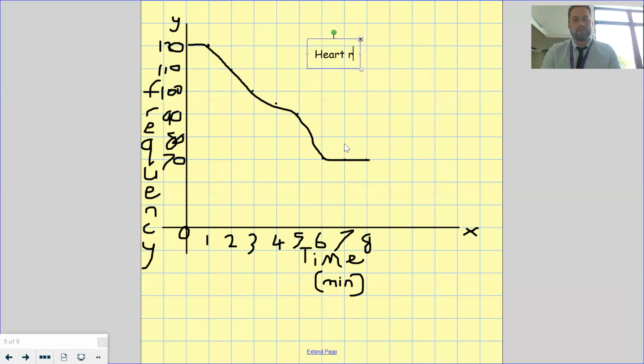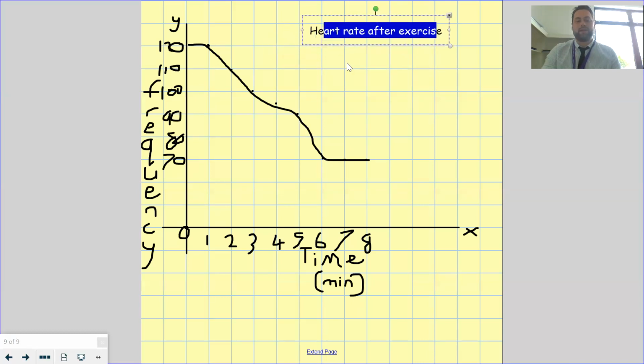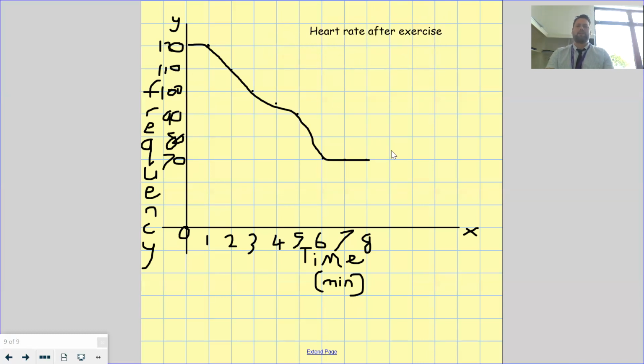Heart rate after exercise. Okay, and so I know that this graph is about what your heart rate will be like after you've done some exercise. And you can see as I've constructed it that after I've done some exercise, my heart rate is starting to go down. So it's very visual how we can see what's going on here.